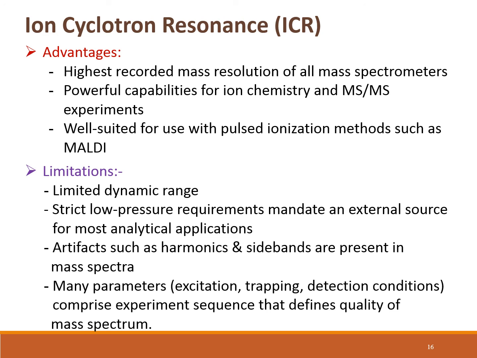The limitations: it has limited dynamic range, and the strict low pressure requirement mandates an external source for most analytical applications. Artifacts such as harmonic sidebands are present in mass spectra. Many parameters, for example excitation, trapping, and detection conditions, comprise an experiment sequence that defines the quality of the mass spectrum.